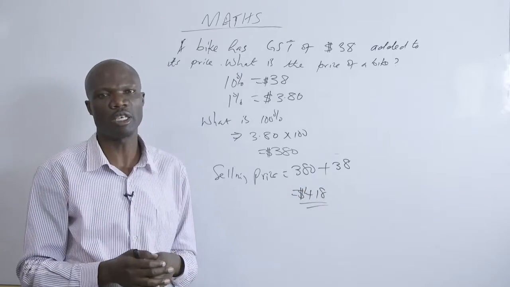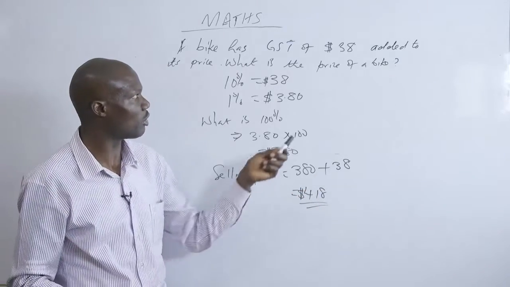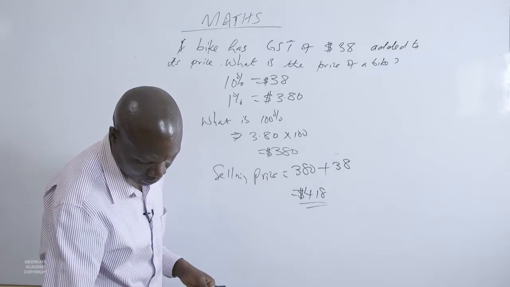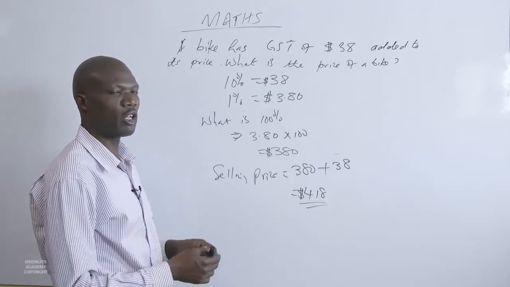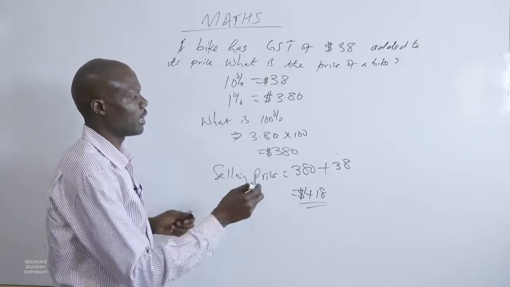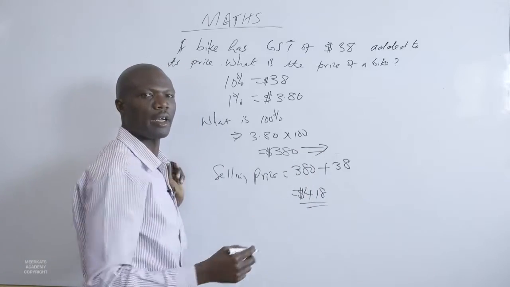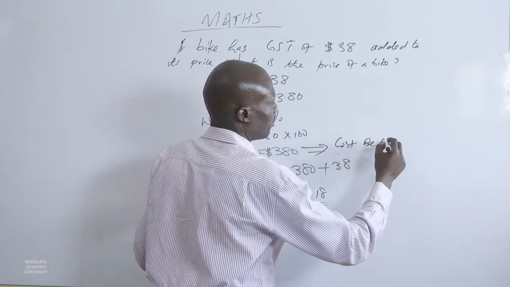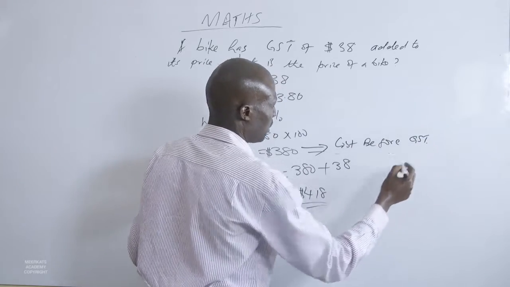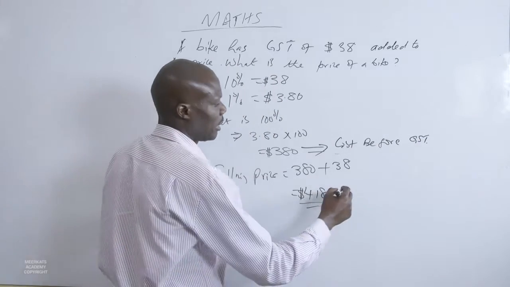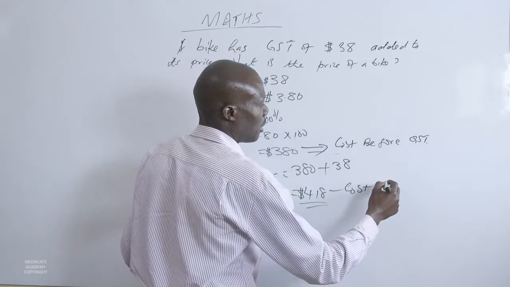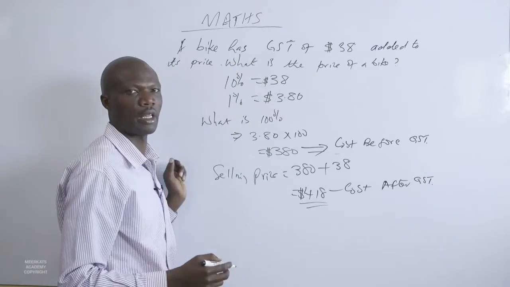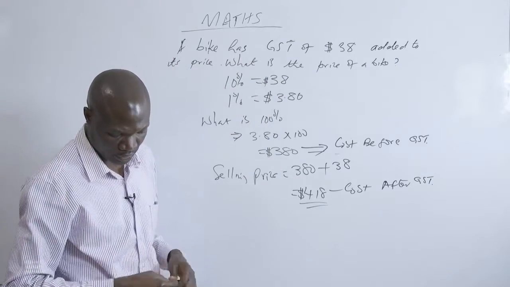This is what gives us the final cost of the bike. So 380 is the cost before, and 418 is our cost after. That is how we look at it.